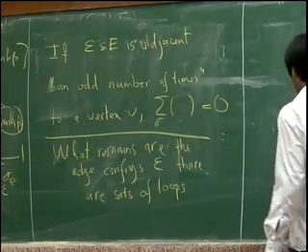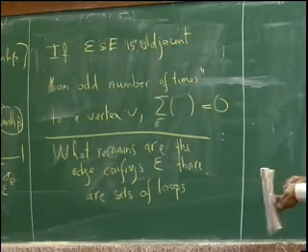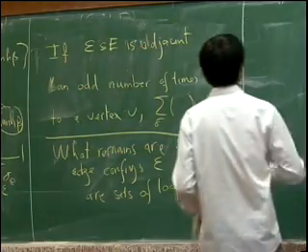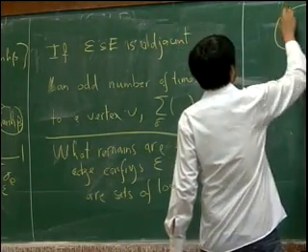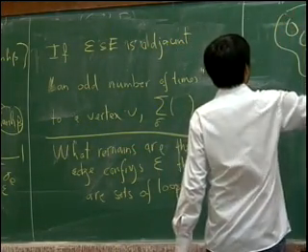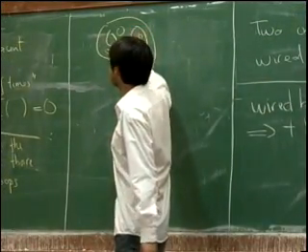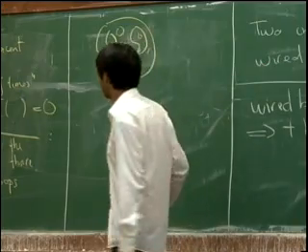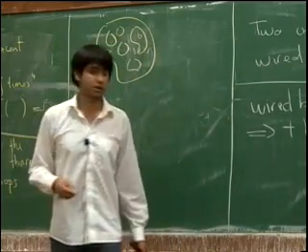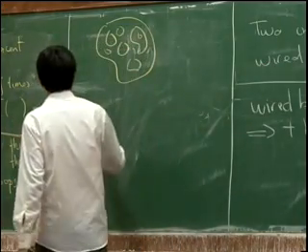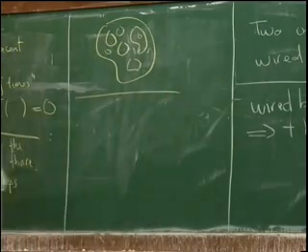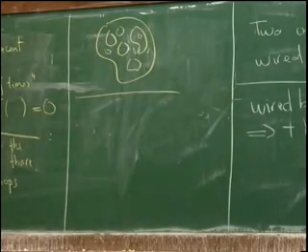So what are graphically all the contributions? An edge configuration contributes to your sum if and only if it looks like that. So it's a collection of loops. And what is the weight of a collection of loops? This term is now always 1.